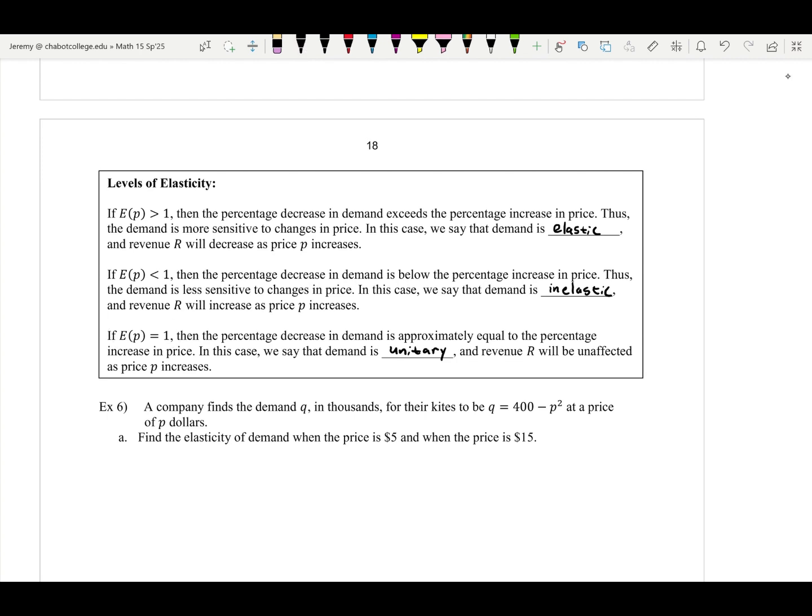Okay, so a little note here. Note: if E of P is equal to 1, revenue is maximized.